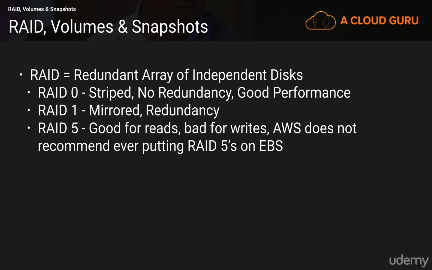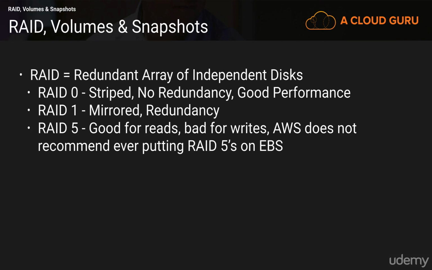We then have RAID 5. Now RAID 5 is where you get 3 disks or more, and basically you're writing parity to another disk. It's a bit beyond the scope of this course, but there is something you should know. Amazon really discourage you from making RAID 5s on EBS. So if you're ever in an exam and one of the answers is to create a RAID 5, don't fall for it.